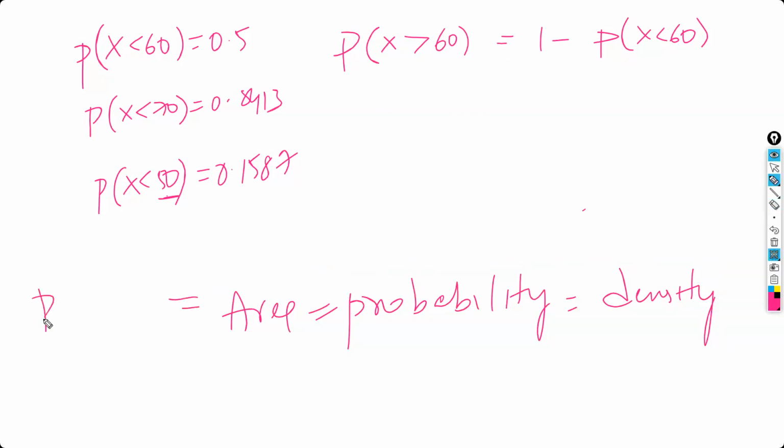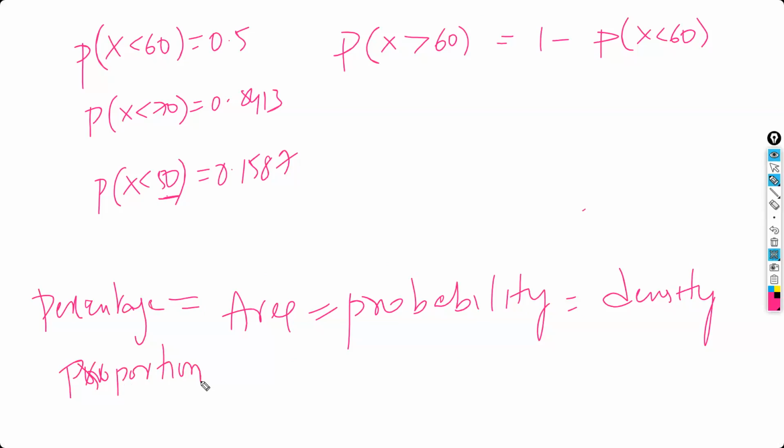Percentage, proportion: what proportion of students are having marks less than 70, if they ask the same question. What is the probability of marks less than 70? What is the area less than 70? Anything is the same. They may use the proportion word, percentage word, area word, probability word, or density word. All these five words indicate the same thing.